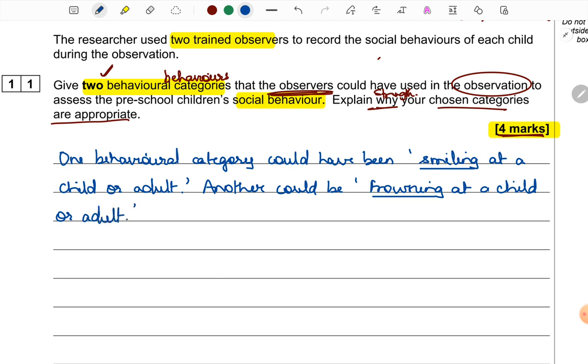Now, I have to justify. There are many possible justifications I can give. One I can give is they are mutually exclusive, or they are not overlapping in any ways, like they are clearly distinctive, and so the researcher won't get confused between them.